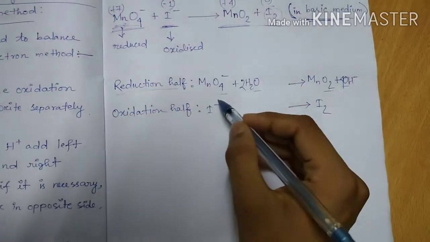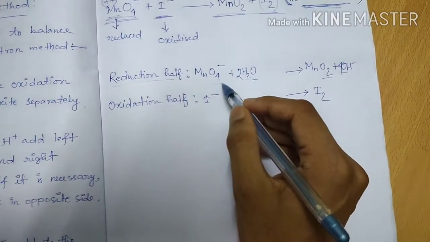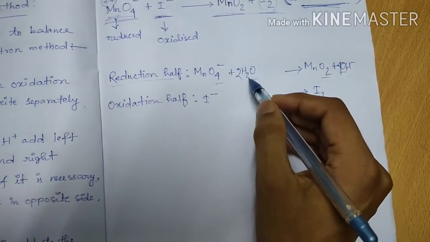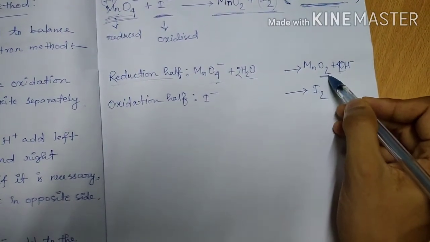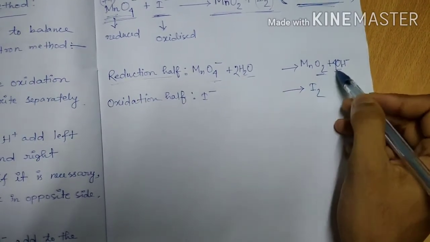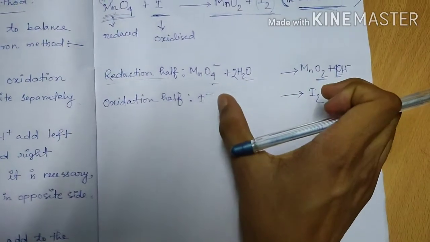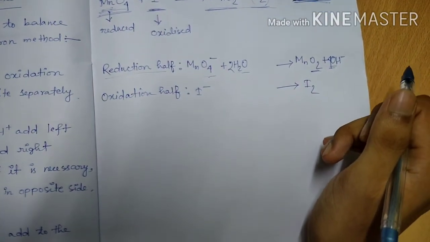Now you see in the left side the number of oxygen atoms is 6, 4 and 2 plus 6, and in the right side also the number of oxygen atoms is 6. Here the number of oxygen atoms is 2 and here 4, so total is 6. Okay, now the number of oxygen atoms has balanced.